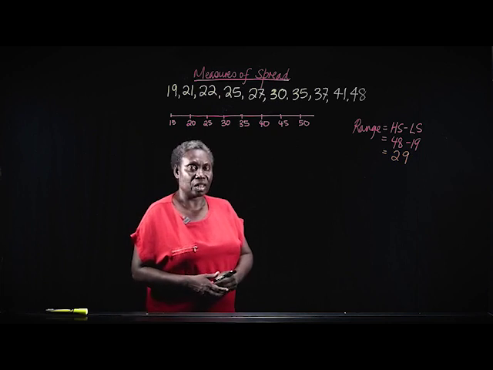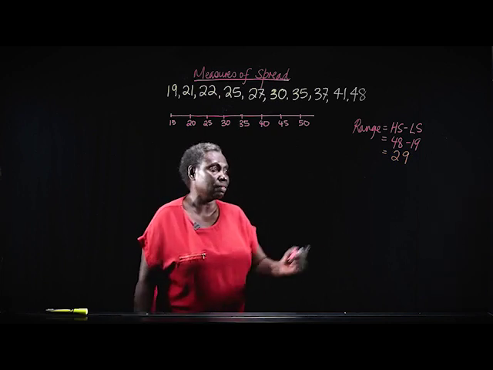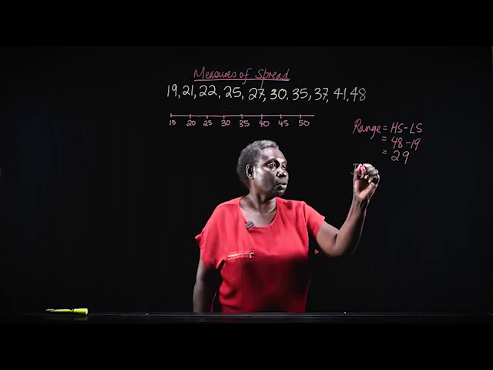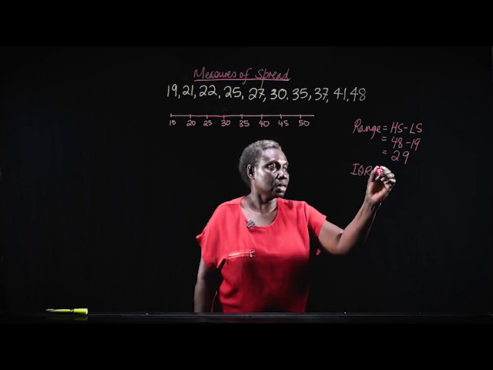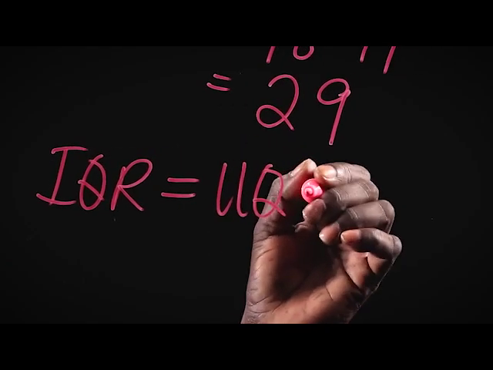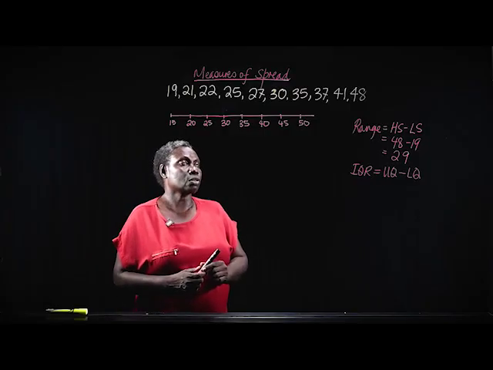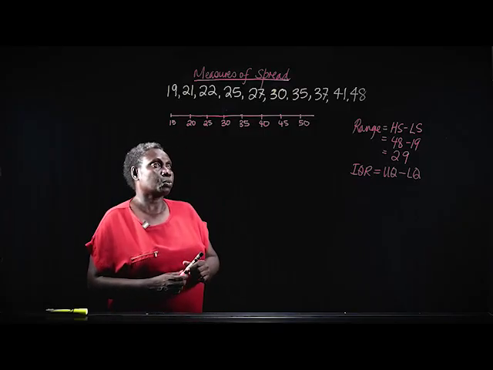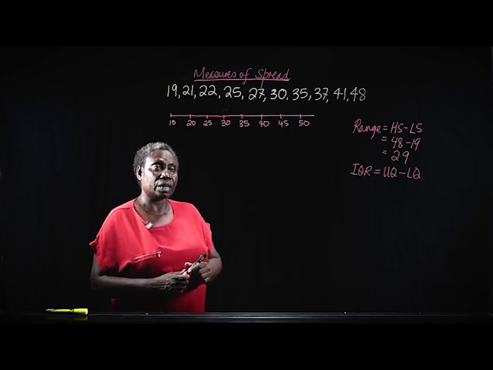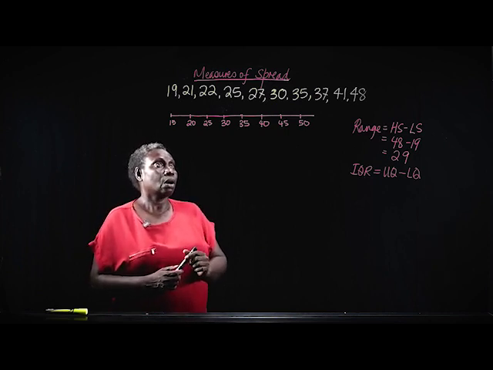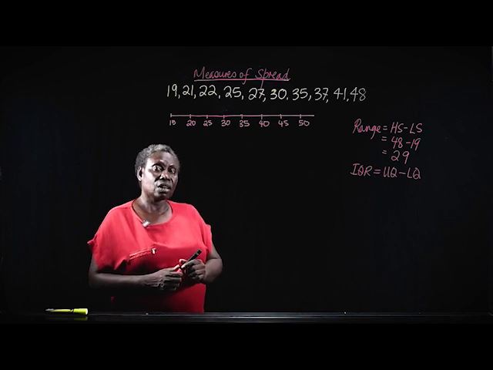The next measure of spread that we are going to look at is the interquartile range, which is equal to the upper quartile minus the lower quartile. The middle of this set of scores is the average of the two middle scores, which are 27 and 30.